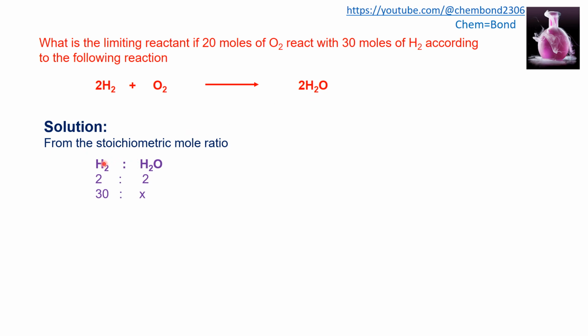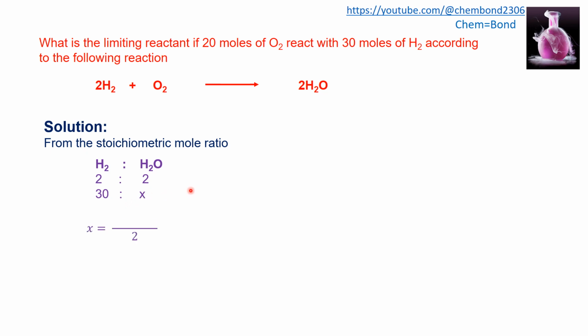So for hydrogen and water, 2 moles of hydrogen will produce 2 moles of water. So here the stoichiometric ratio is 2:2. From the question, it is 30 moles of hydrogen. So 30 moles of hydrogen will produce how many moles of water?